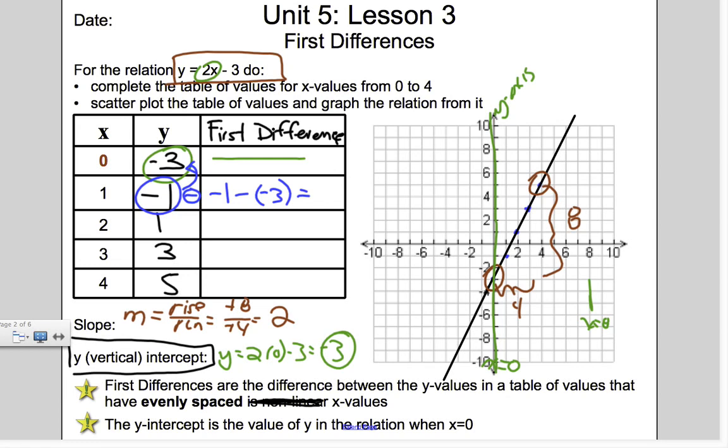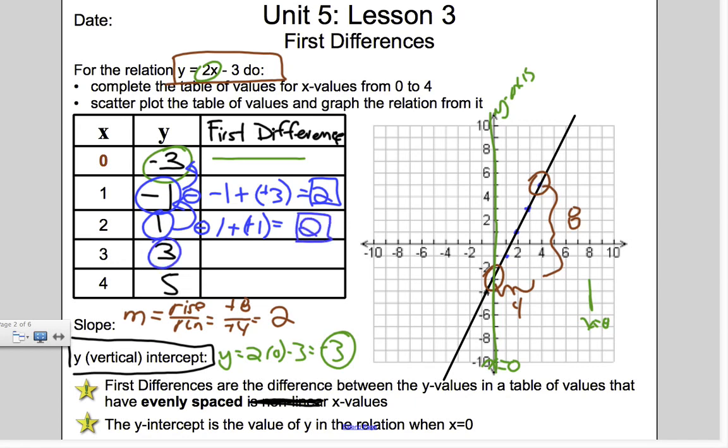Going back to our arithmetic. I heard answers. 2, right? So that's our first difference there. It's 2. And then you do it for the next ones. So here we got 1 minus a negative 1. So this is again 2, minus becomes positive, we get 2.